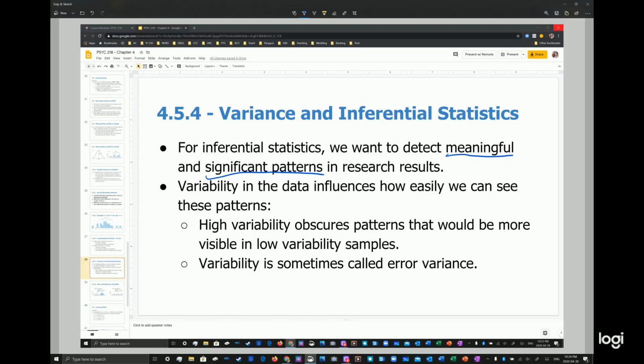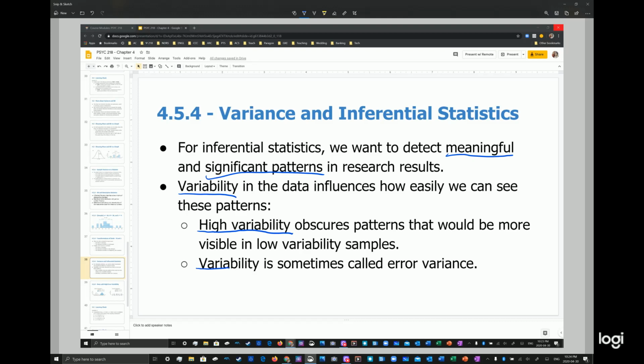Okay, and so variability in this case then shows us how easily we can see these patterns. Again, if a sample or the samples, groups of data, have a larger spread, that means there's going to be overlap between the samples, especially if the samples are graphed from the same population.